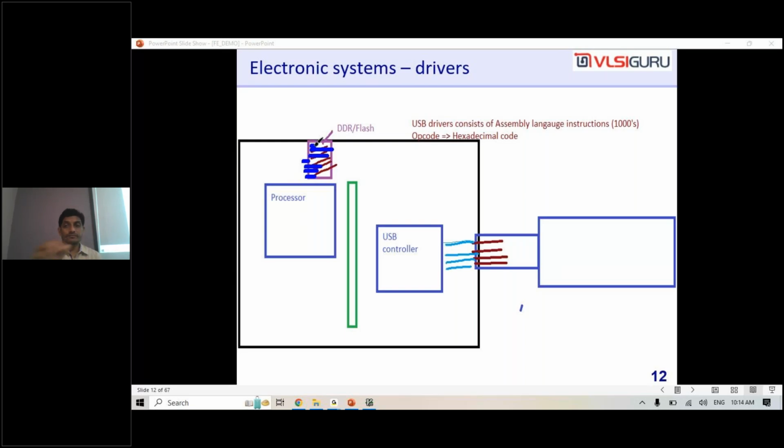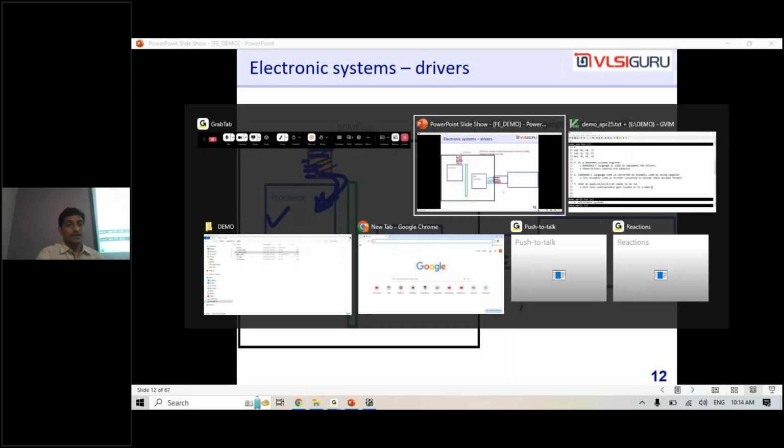Whenever I start the processor, it fetches those instructions. Are you familiar with that sequence? Fetch, decode, next what? Execute. It fetches the instruction. What do you think decoding means?